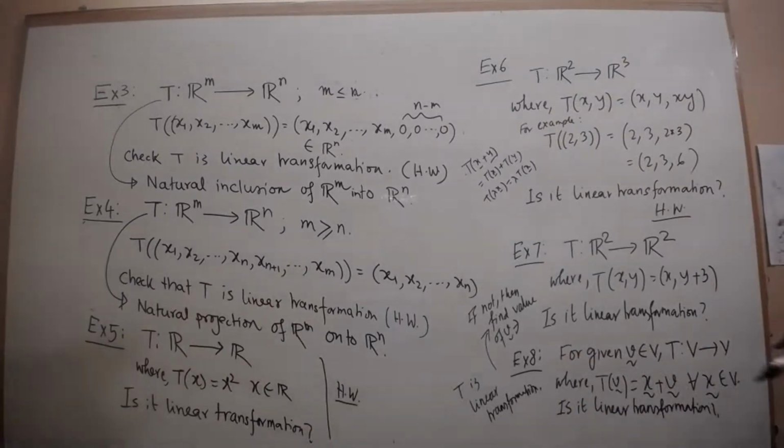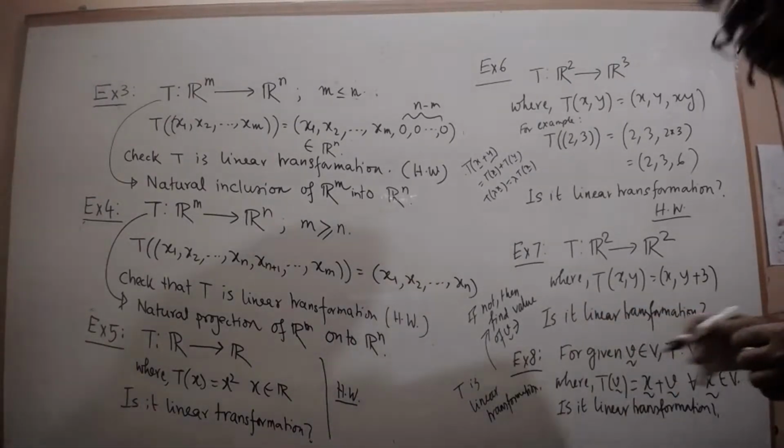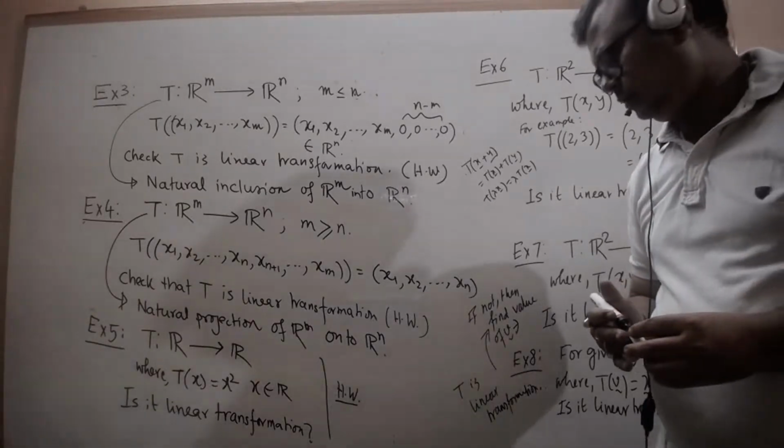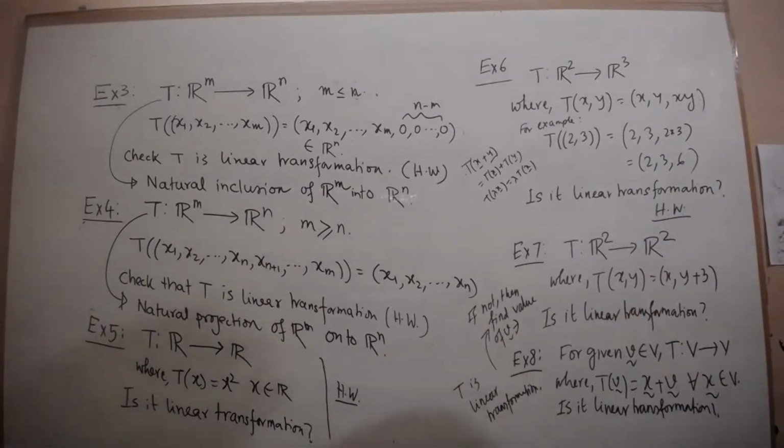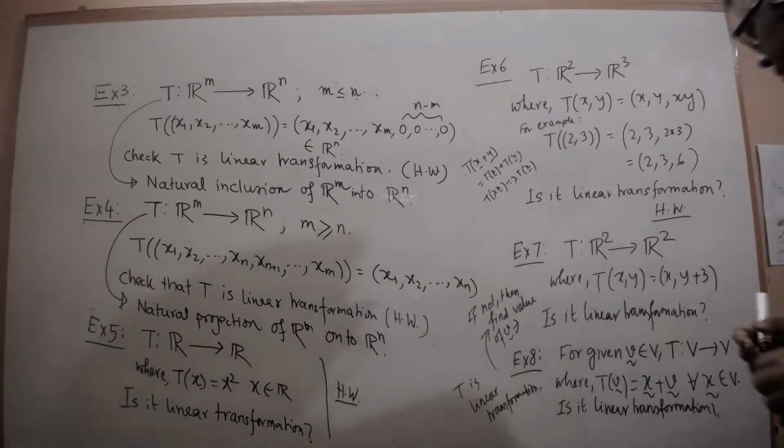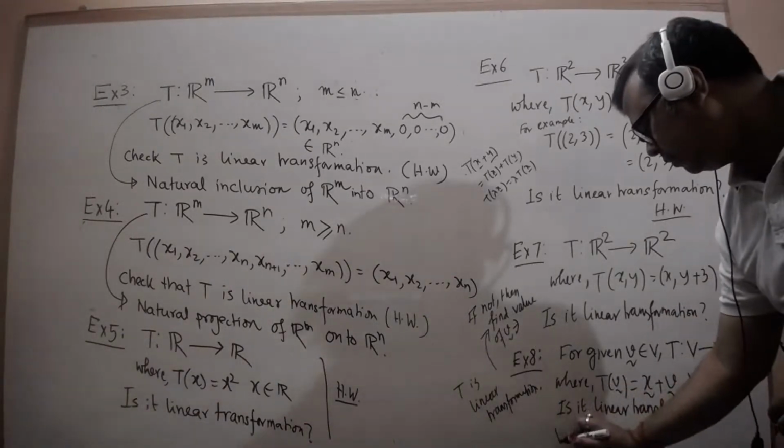So the question is, is it a linear transformation? If this is not a linear transformation, then find the value of v such that it is a linear transformation. This is another homework.